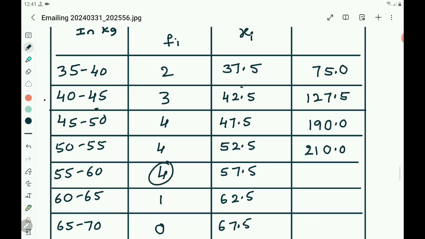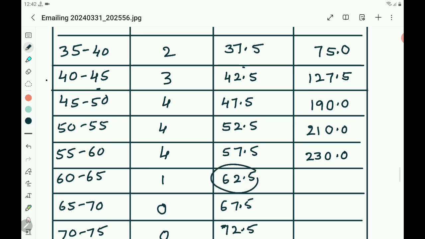Next 4 into 57.5. 5 4s are 20. Then 2 carry, 4 7s are 28 plus 2, 30. 3 carry, 5 4s are 20 plus 3, 23.